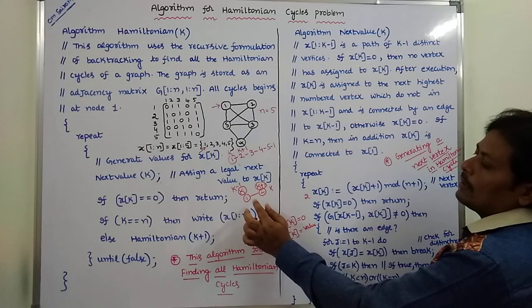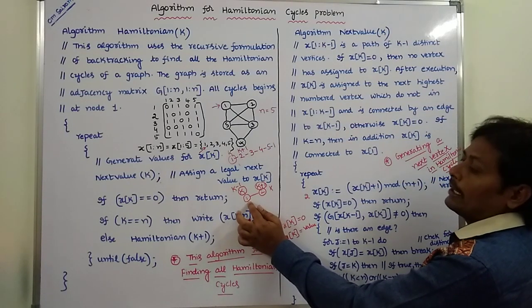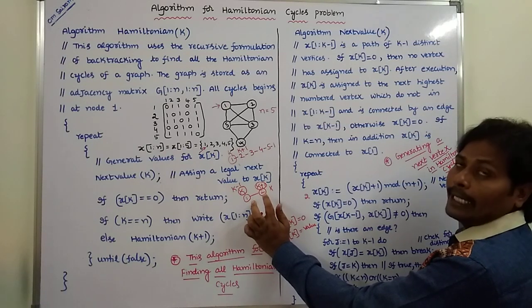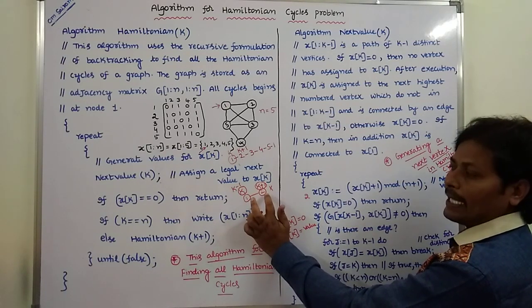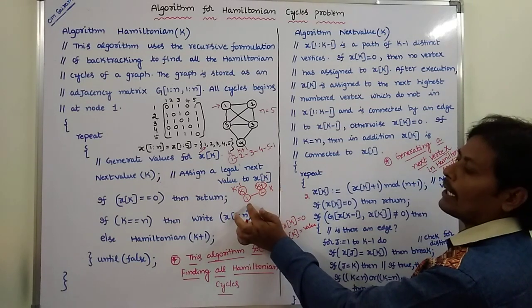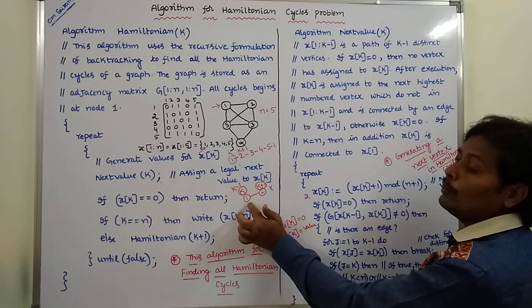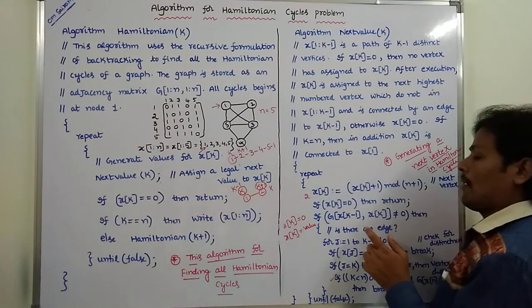Initially k points to vertex 1, and next value of k returns the index of 2. So this is k and this is k plus 1. Now this becomes the k value and that becomes the k minus 1 value. Are these two connected by an edge?